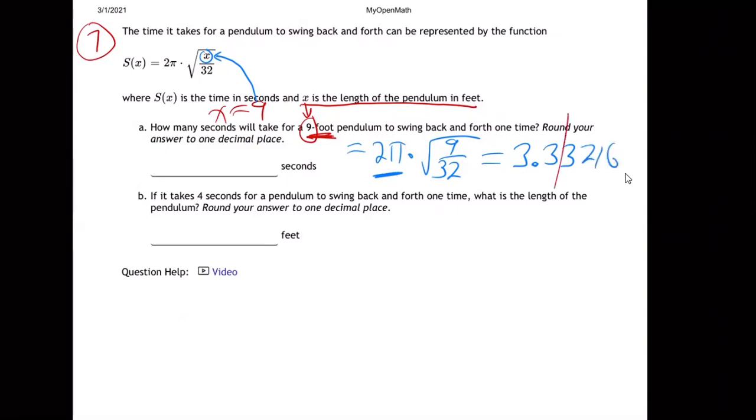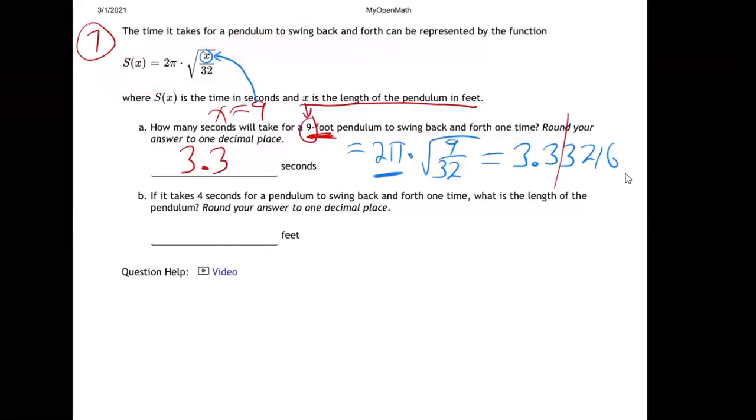But they said round to 1 decimal place, so I'm just going to say 3.3 seconds. So for a 9-foot pendulum, it'll take 3.3 seconds to swing back and forth one time.